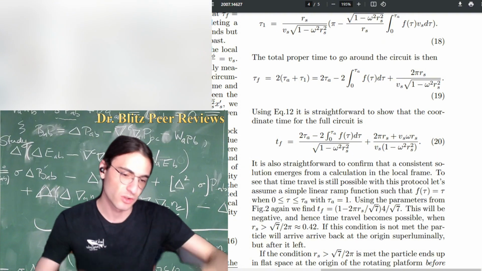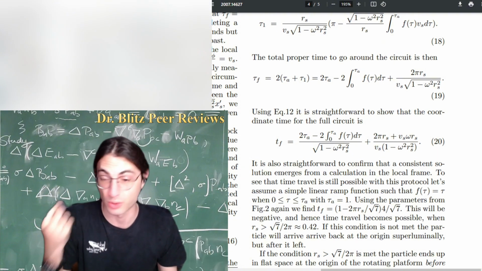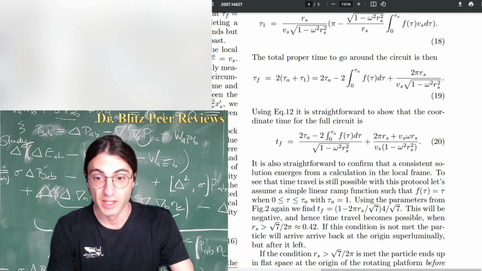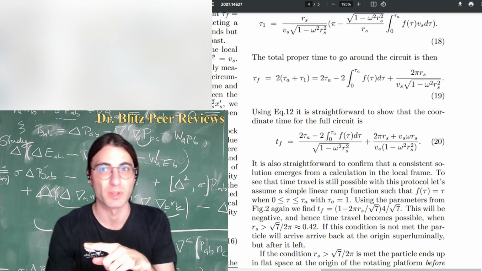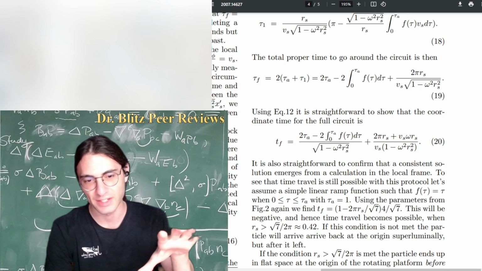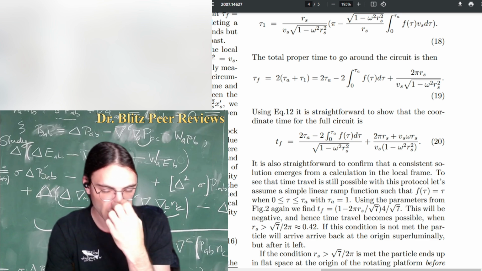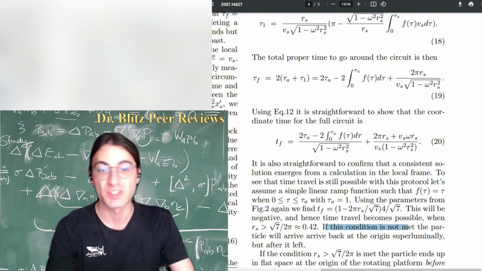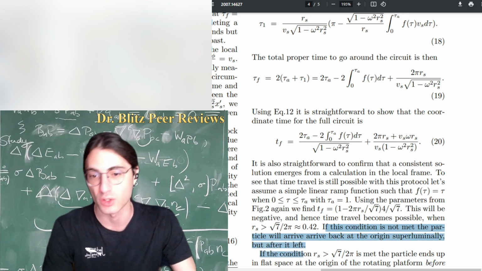So when your rotating platform is bigger than, say, 0.42 light seconds, which is how we're measuring distances here, and your platform is rotating backwards at 3/4 the speed of light, and the Alcubierre drive is moving forwards at twice the speed of light, then time travel becomes possible. If this condition is not met, the particle will arrive back at the origin superluminally, but after it left.